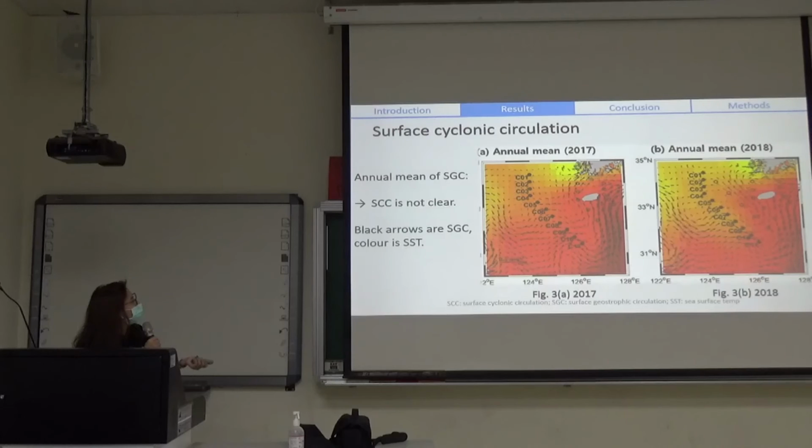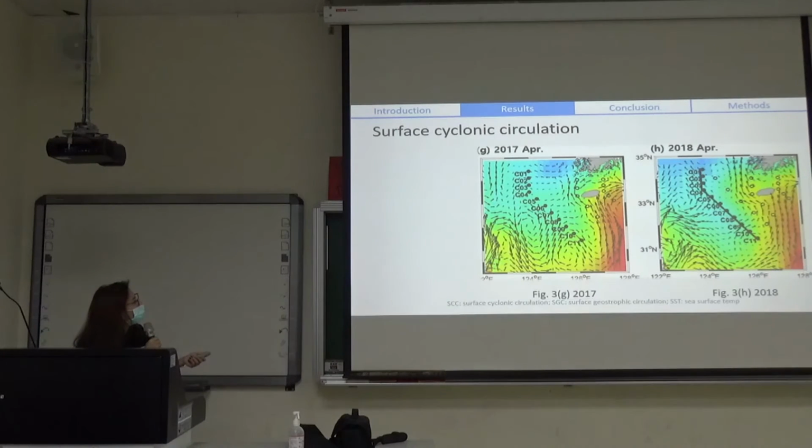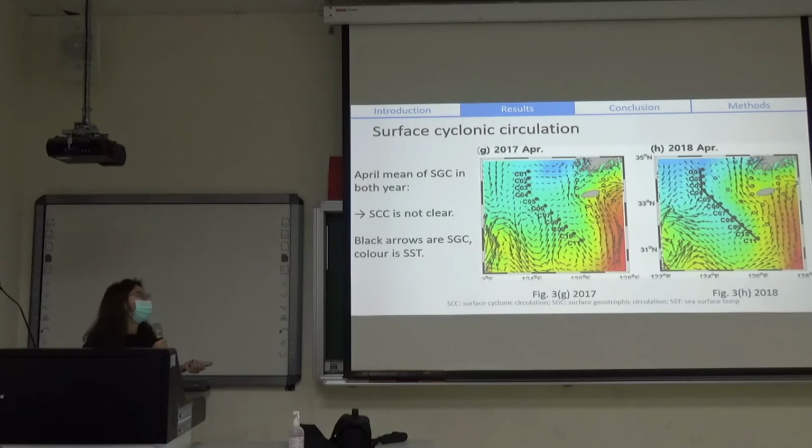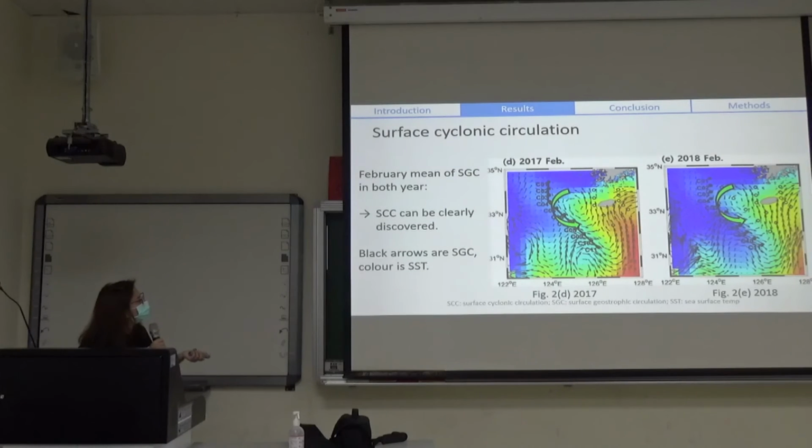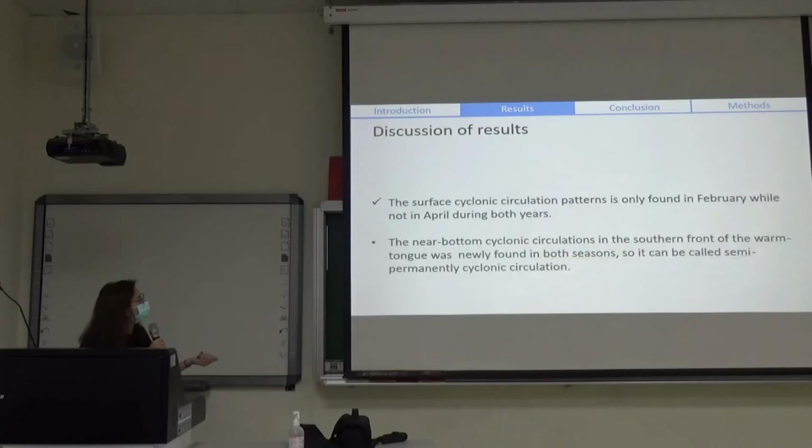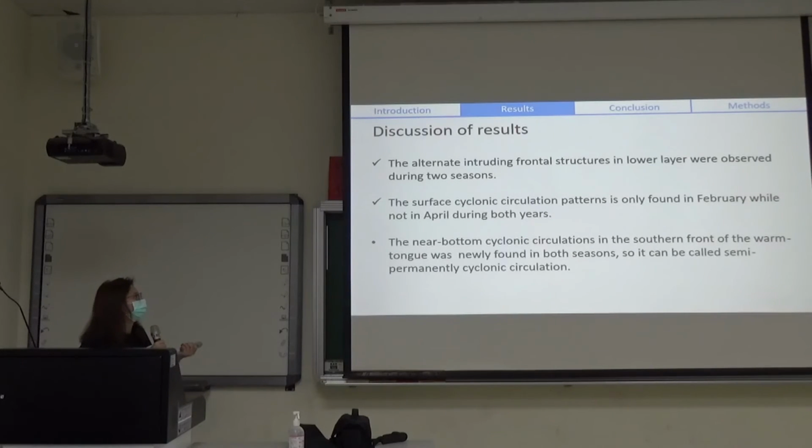This is the annual mean of surface geostrophic currents, and you cannot find the surface cyclonic circulation around here, but you can clearly see the cyclonic circulation around here and here. So the second discussion is checked. The surface cyclonic circulation pattern is only found in February, not in April or the annual mean during both years.